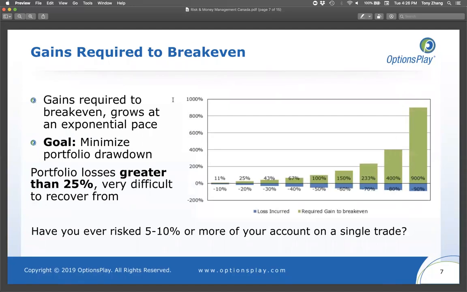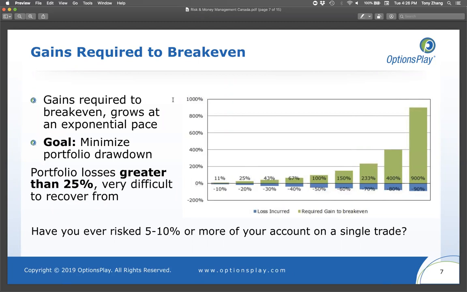So the first one we're going to talk about is the amount of gains that's required just to break even. The losses that you have are certainly linear, but the gains that you need to get back to break even are exponential. So this is really why it's so important to minimize the drawdown in your portfolio.